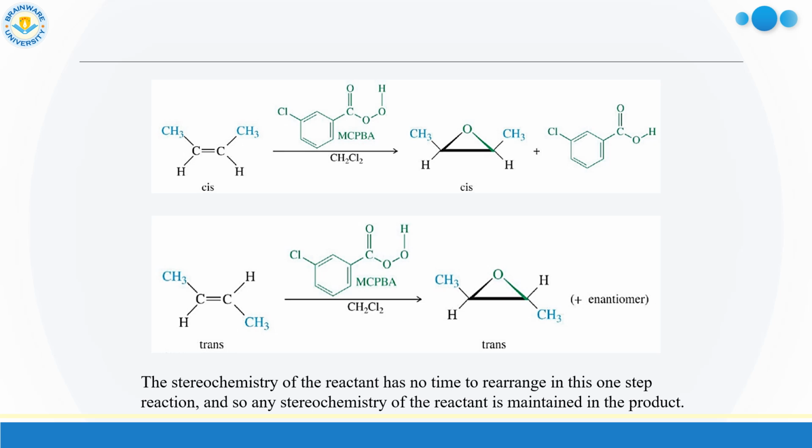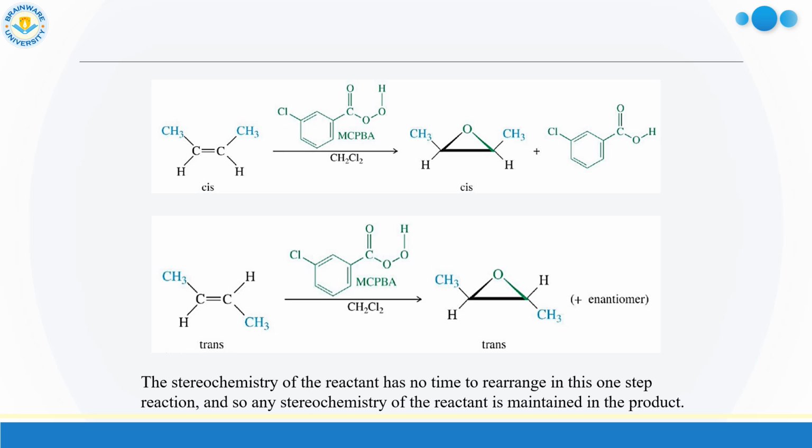Okay, so this is one of the best examples of oxidation with the help of metachloroperbenzoic acid. This is a peracid, and this MCPBA we will use for the production of epoxide.